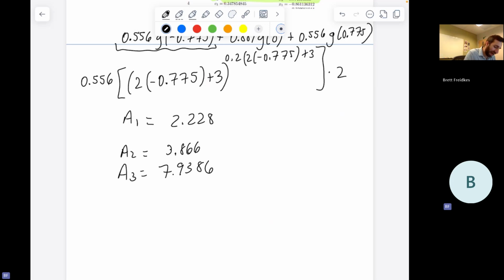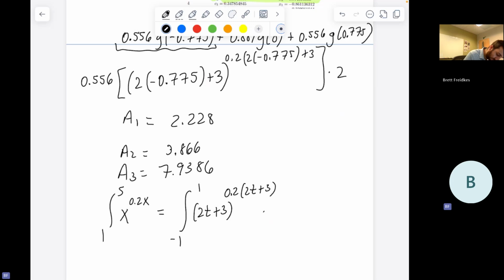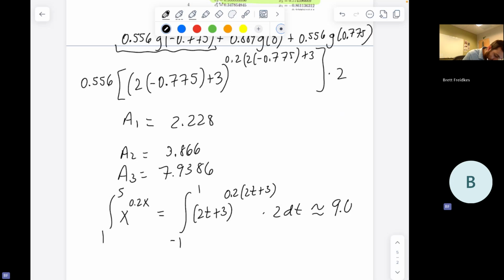And ultimately, if you add those together, we would say that our integral from 1 to 5 of x to the 0.2x, which equals the integral from negative 1 to 1 of this 2t plus 3, I'm just rewriting exactly what we wrote before, ends up being approximately equal to 9.08. And if you did find the true integral of this, you would see that your relative true error is around 0.01%.